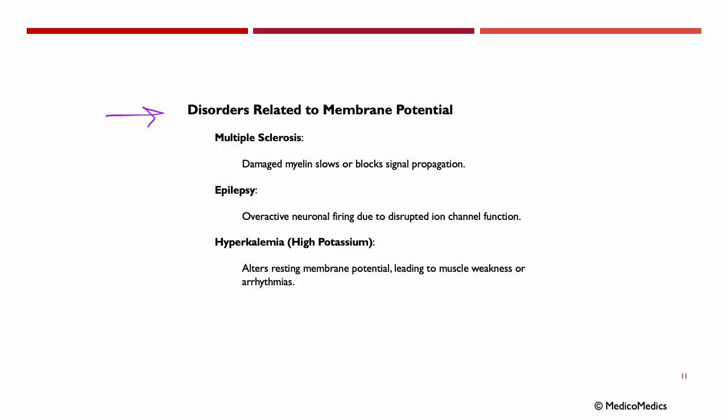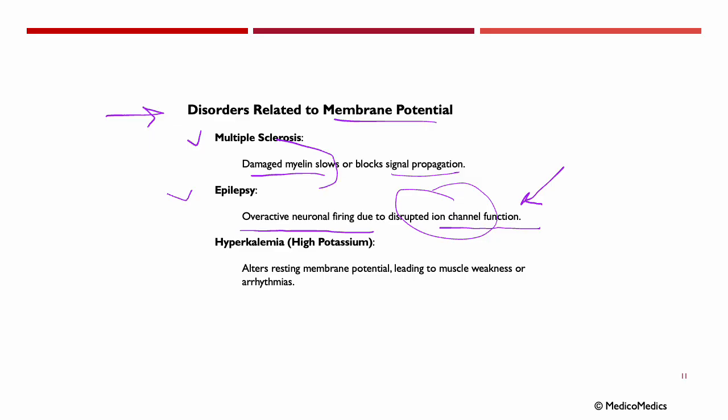So some disorders related to membrane potential, like we mentioned again. Multiple sclerosis, so damaged myelin slows or blocks signal propagation. Epilepsy, where we have overactive neuronal firing due to disrupted ion channel function. So now the issue is at the channel. Here we had myelin, meaning the signal propagation was the issue. We can have hyperkalemia, which alters resting membrane potential, leading to muscle weakness or arrhythmias because we have too much potassium.